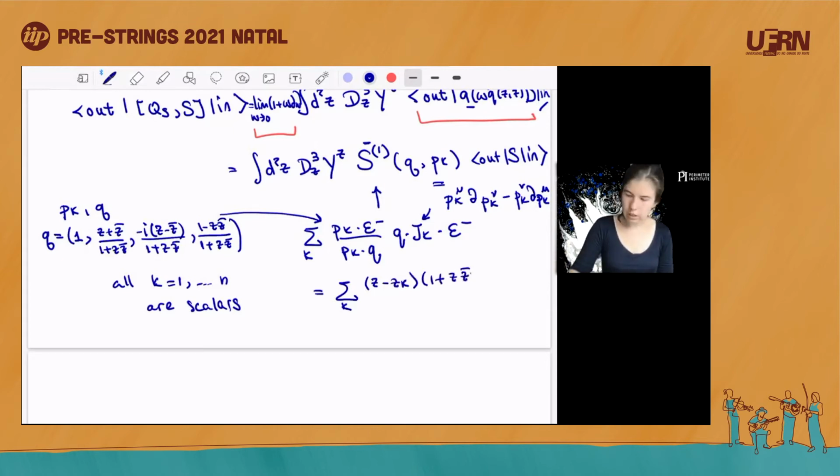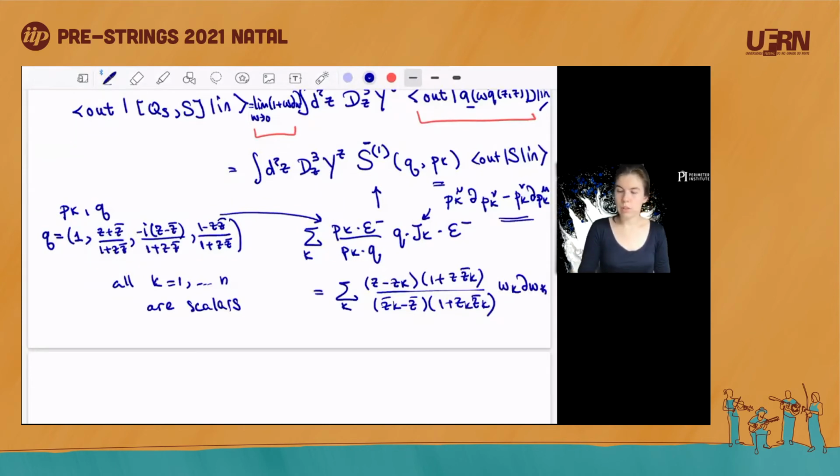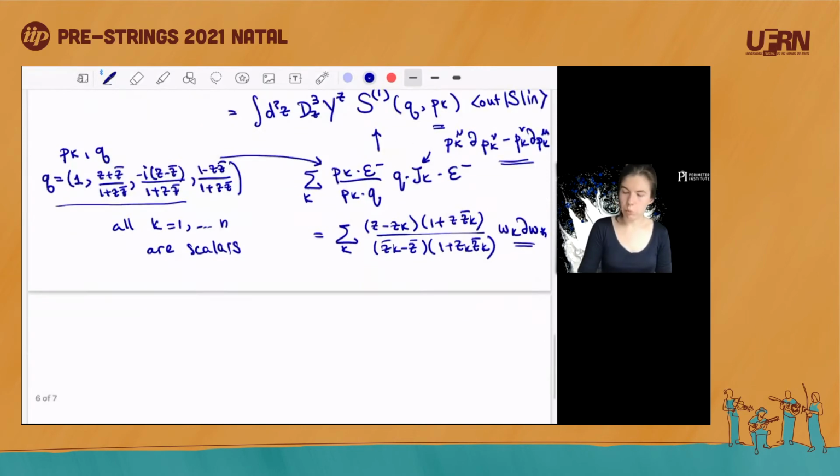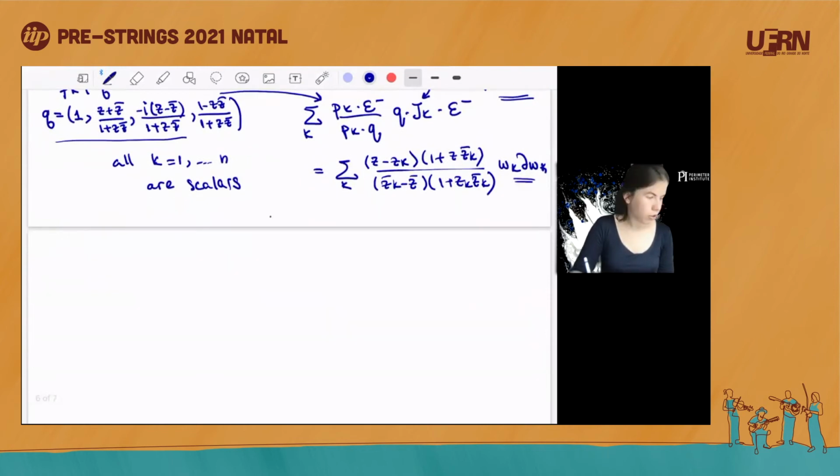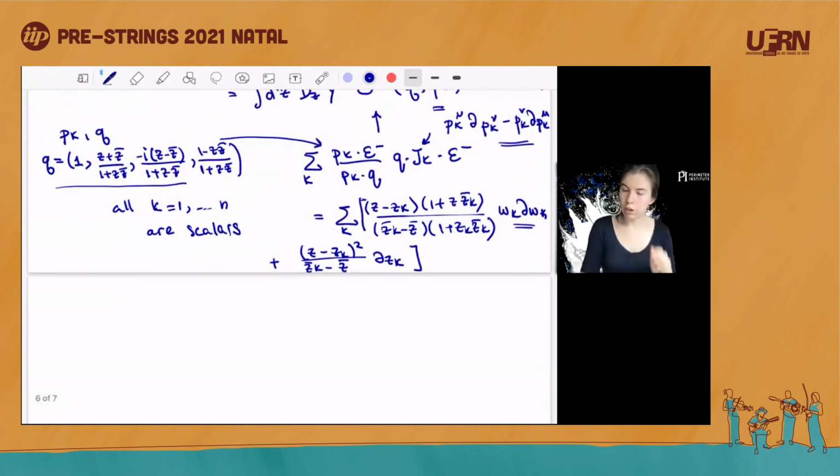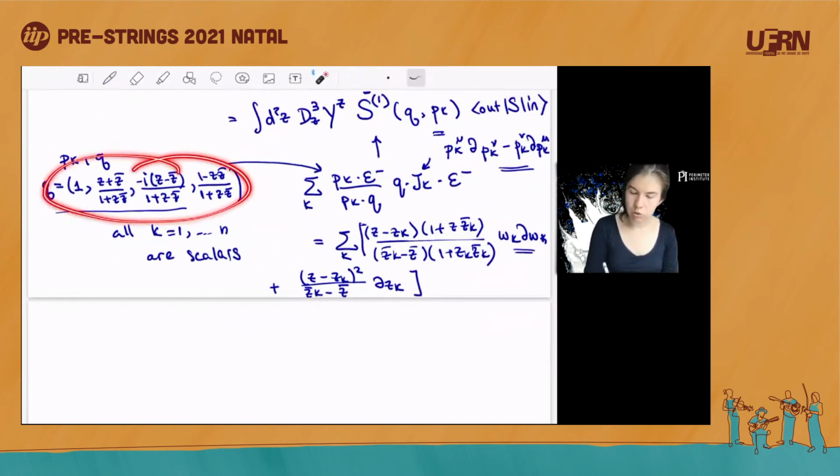So 1 plus z bar k divided by z bar k minus z bar, 1 plus z k z bar k, omega k d by d omega k. These derivatives come from the action, since this j is a differential operator, so it's natural that upon parametrizations of this form you end up with a differential operator. And then there is another contribution, which is z minus zk squared divided by z bar k minus z bar, d by d zk. Okay, so it's just the subleading soft factor in this parametrization here.